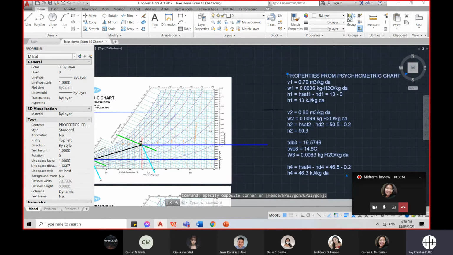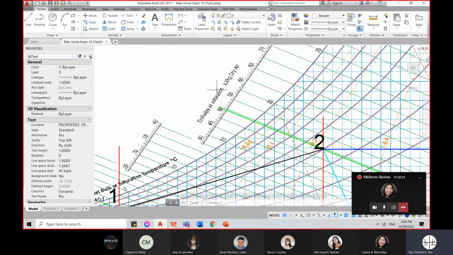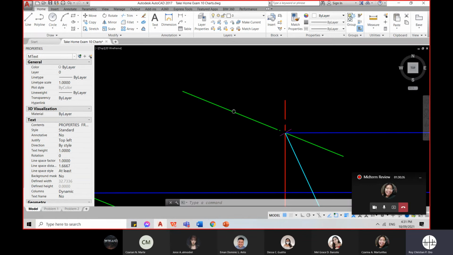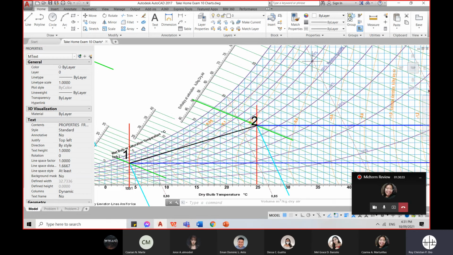Now, to solve for enthalpy using the Carrier chart, we must first get the enthalpy at saturation, and then subtract the enthalpy deviation, which are these orange lines. The reason is that in the ASHRAE charts, the enthalpy lines and the wet bulb lines don't match. But since it's a headache to have many lines, Carrier charts combined them, and to make up for the inaccuracy of combining the lines, you need to subtract the enthalpy deviation.